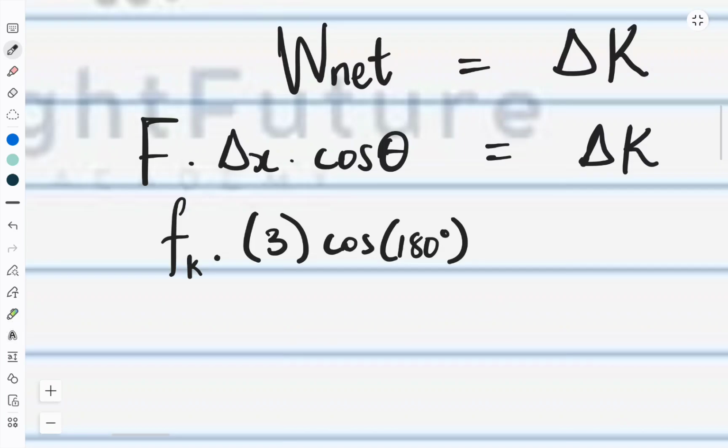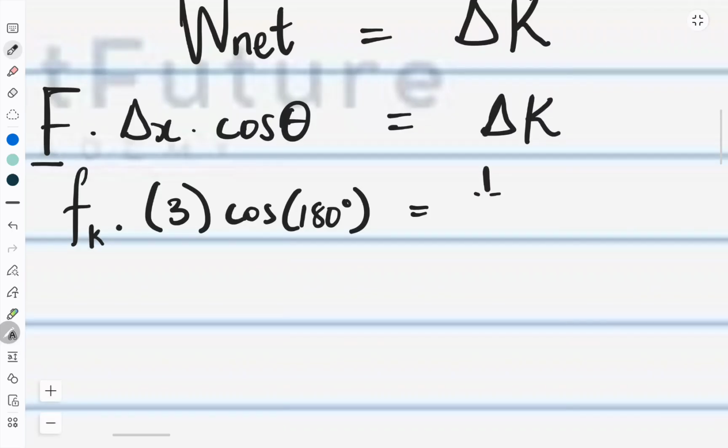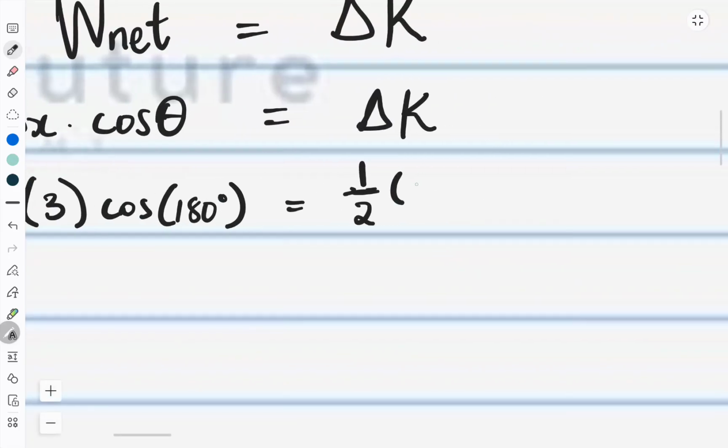What that means is they would have made F the subject of the formula and then they substitute at the end. Okay, in fact, let's make this our fourth step. So we will have 0.4.